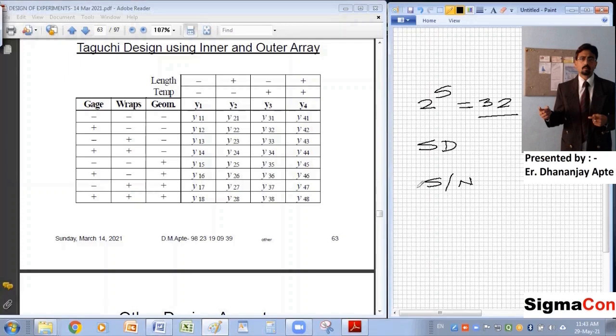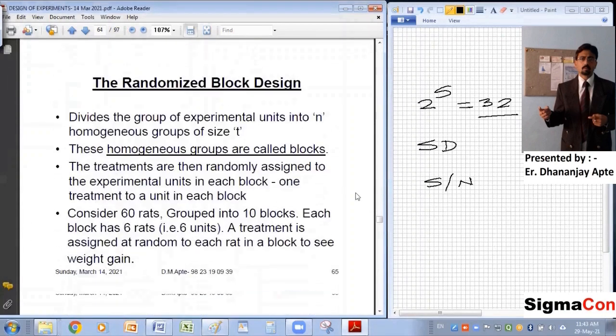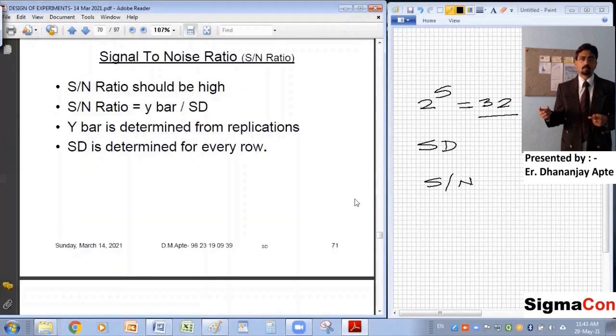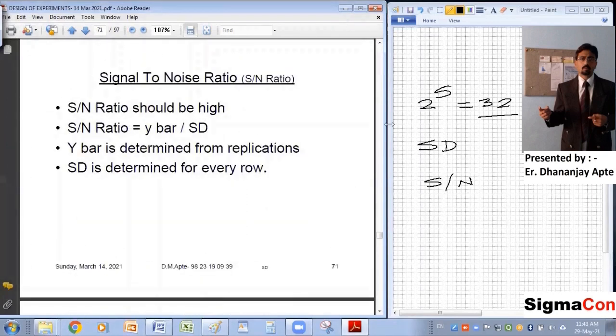Now, the signal to noise ratio, S to N, calls for how much is the variation. Signal to noise ratio must be high. Noise must be less and signal should be high. If noise is less, standard deviation is less, and if standard deviation is less, then we can say that our design is robust.